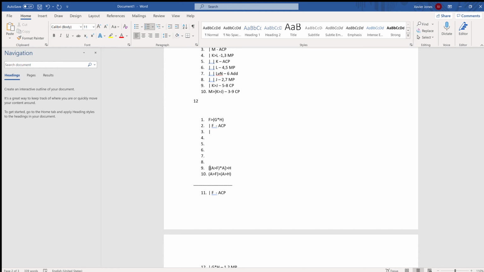But if we can prove... Can we then prove anything with this? If A then F and A then H. No, I don't think there's anything we can do with that.